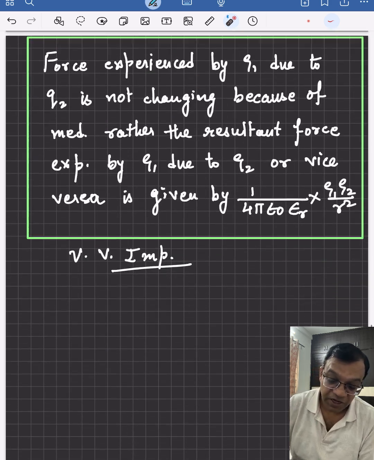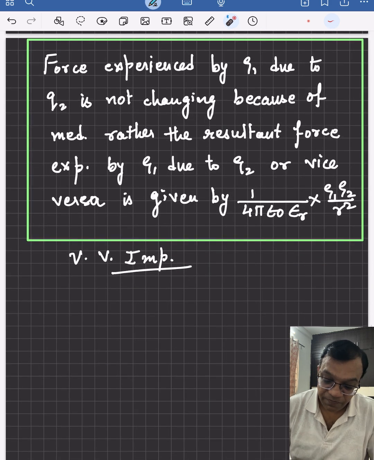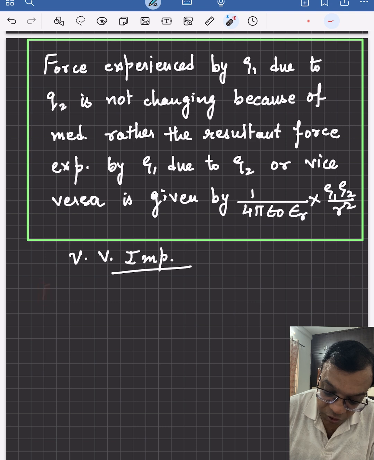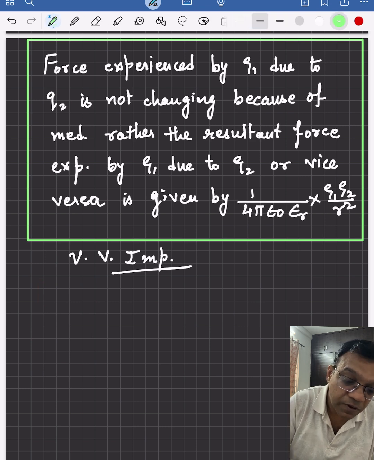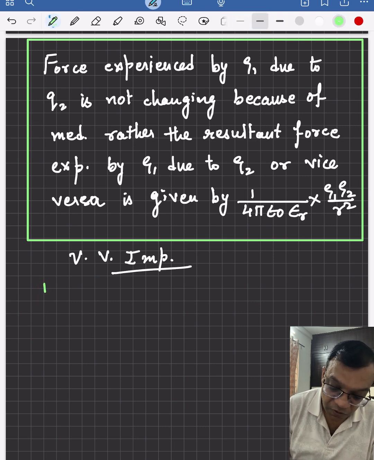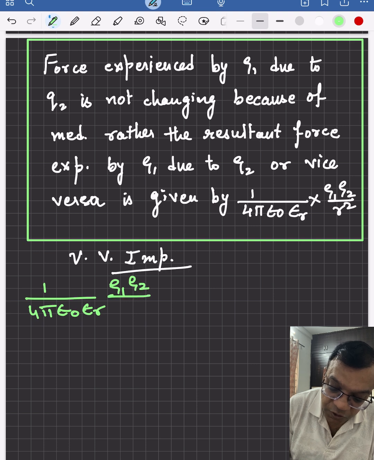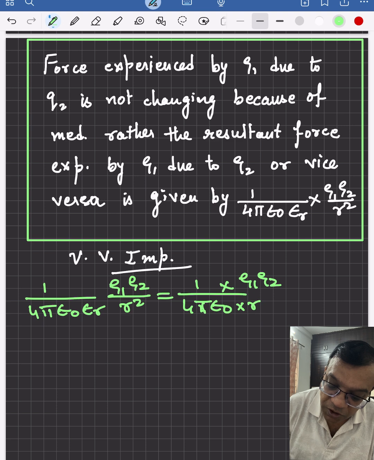So if I say the total force is 1 upon 4 pi epsilon naught epsilon r q1 q2 upon r square, it is the force by 1 due to 2, q1 q2 upon r square, plus the force experienced by 1 due to the induced charges.